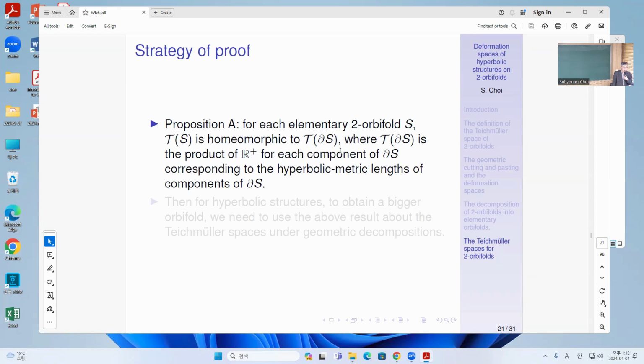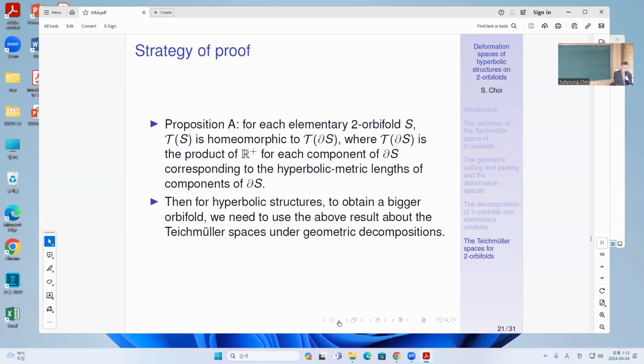And so these will be just a product of R plus for each component of boundary S, corresponding to the hyperbolic metric length of boundary S. In this case, of course, you need to de-silver everything to do this, right? Okay, so that's the first thing.